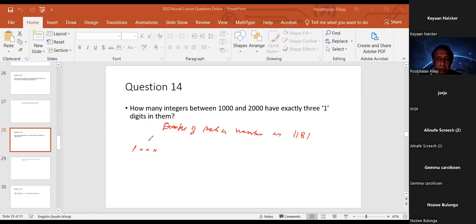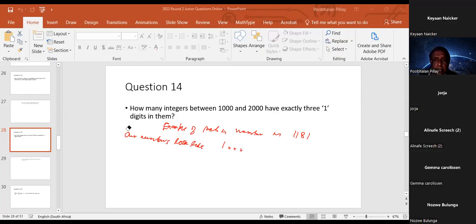So the numbers we're looking for look like 1xxx, like that. But we also know that 3 of them are 1s.